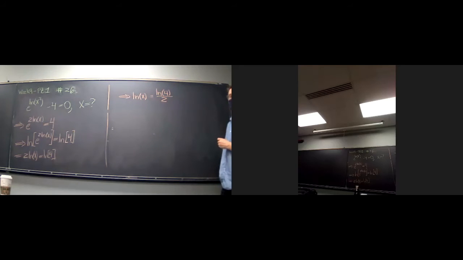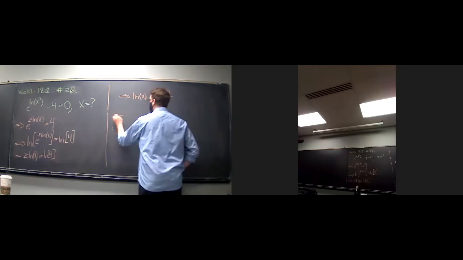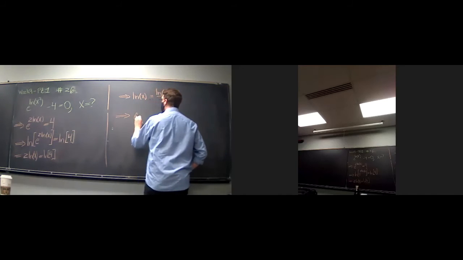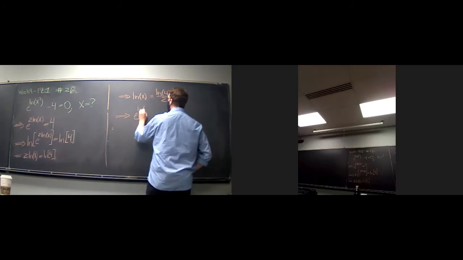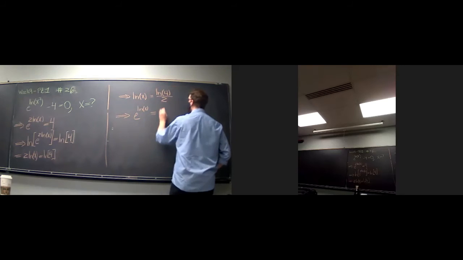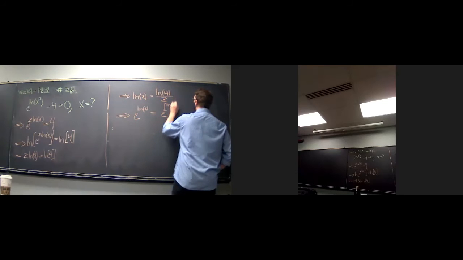Now we're going to raise e to both sides. So what I meant to say is we're going to say e raised to the ln of x is equal to e raised to the ln of 4 over 2.